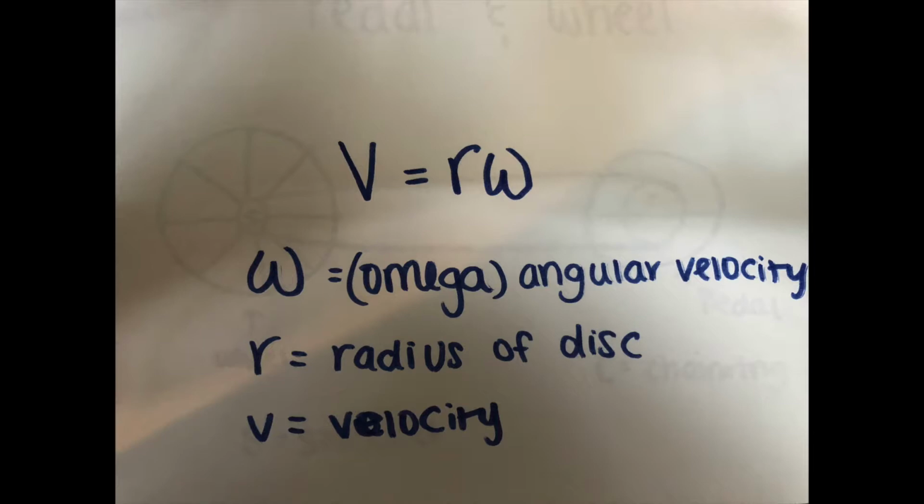The equation for this concept is V equals R times omega. Omega is the angular velocity, R is the radius of the disc, and V is the velocity. When we change the gears on the bike, the radius changes, which causes there to be a different velocity for the bike, which is why changing the gears on the bike changes how fast the bike goes.